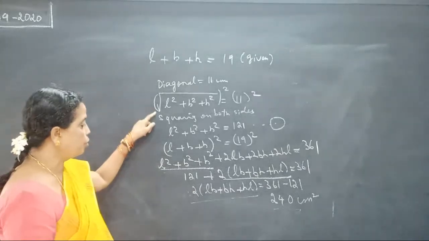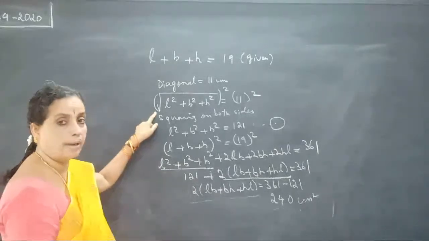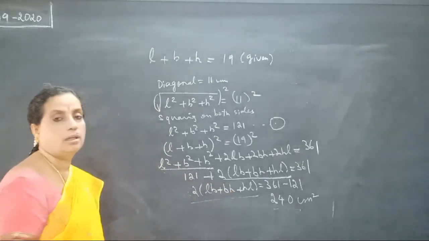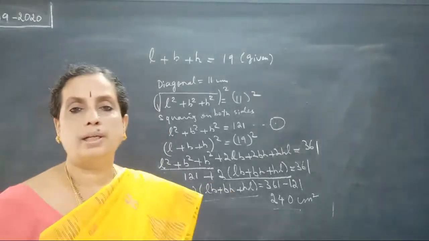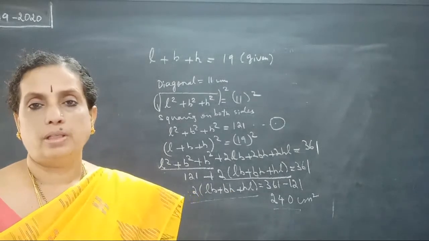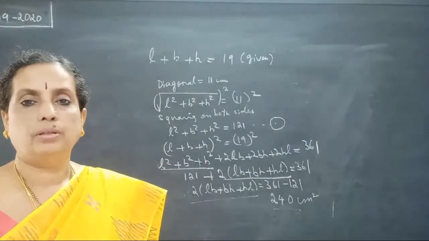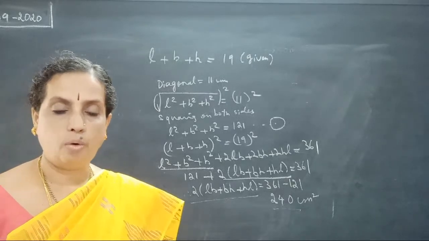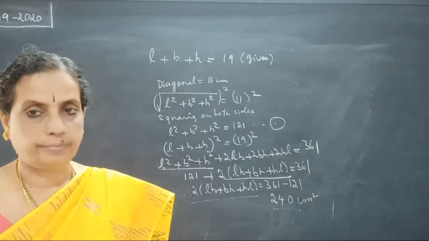Let us substitute the given diagonal value by squaring this. You will get the final answer 240 centimeter square. So I'll give you time to go through and check your answer once again. If you are confirmed, I will move on to the next question.